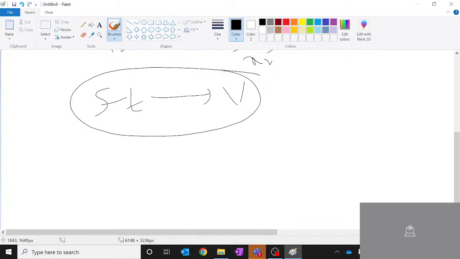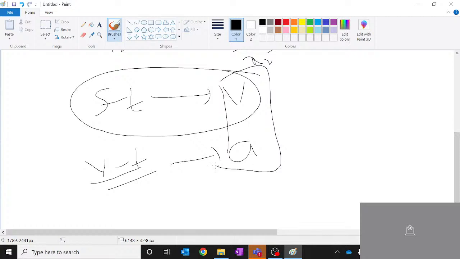Understood? So similarly, if I extend the same analogy to vt graph, velocity time graph, what would you get? Acceleration. You get acceleration. Clear on this? Because in the previous concept, what we have seen, differential of s gives you v, differential of v gives you a.